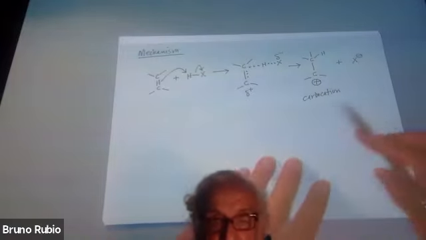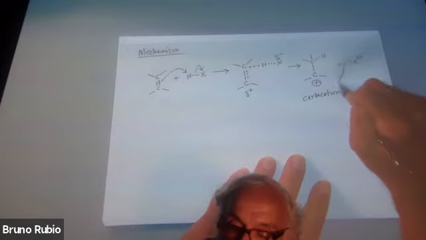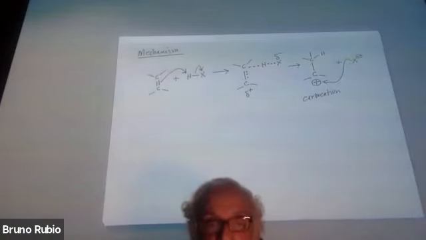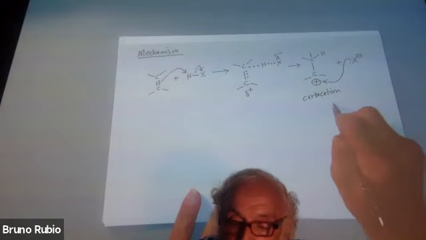So the next event here is going to be the attack of this nucleophile on the electrophile. And once again, I'm using these curved arrows to show the motion of electrons, not the motion of atoms. Okay, so nucleophile attacks electrophile.